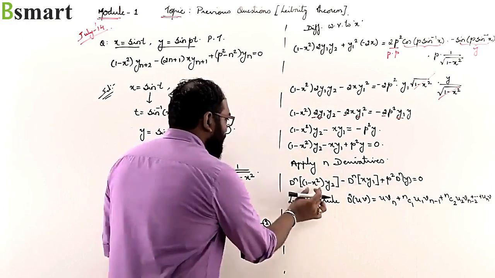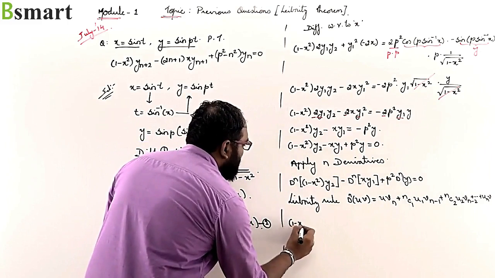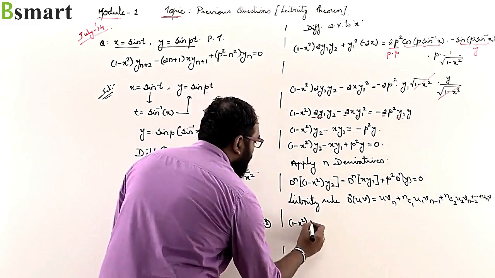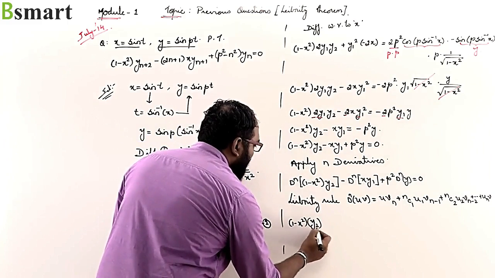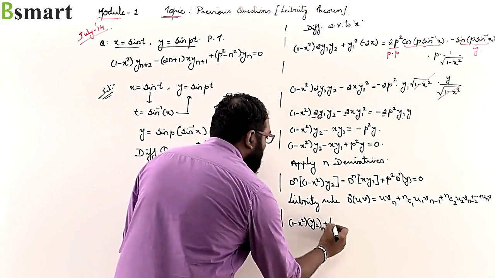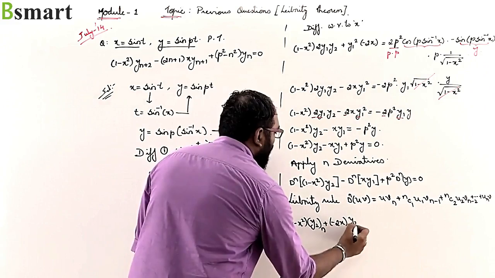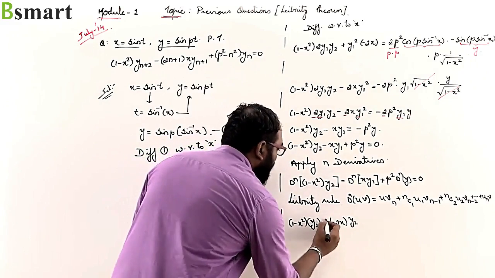Here u is this and v is this, so that will be (1 minus x square) into the nth derivative of y2, plus the derivative of 1 minus x square, which is minus 2x, into y2 of the (n minus 1)th derivative. I think we forgot nC1.